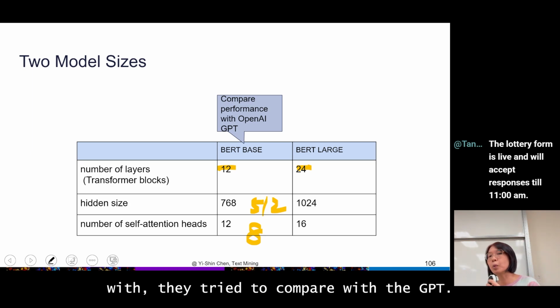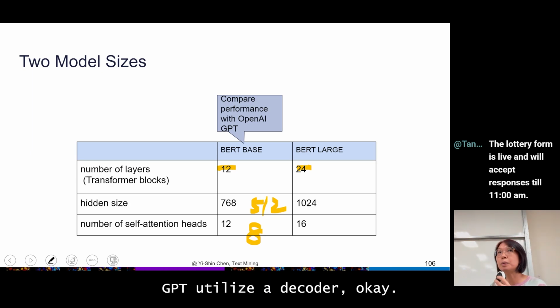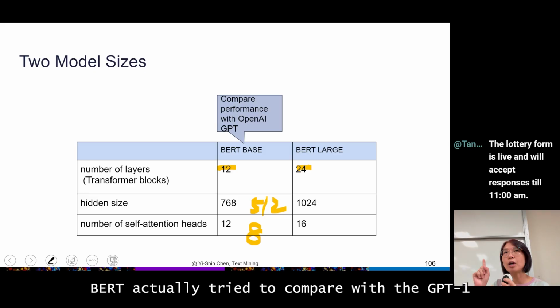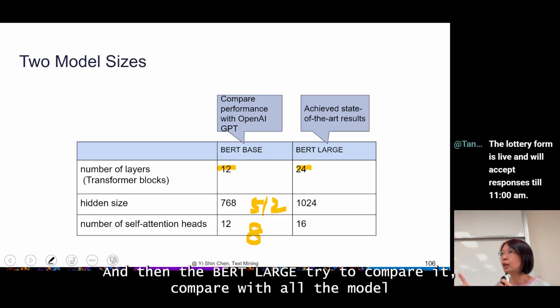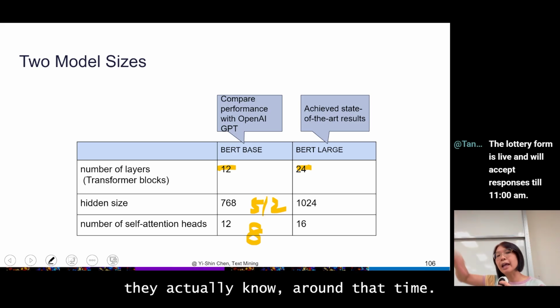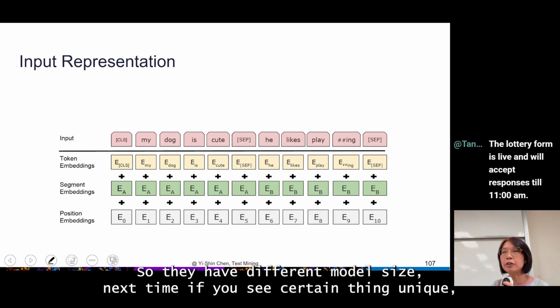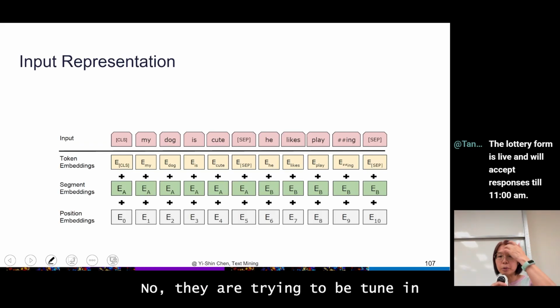They tried to compare with GPT. GPT utilizes a decoder, and it was OpenAI's GPT-1 around that time. BERT tried to compare with GPT-1. And BERT large tried to compare with all the models they knew of around that time. So they have different model sizes. Next time, if you see certain things, you need to know they are trying to be tuned.